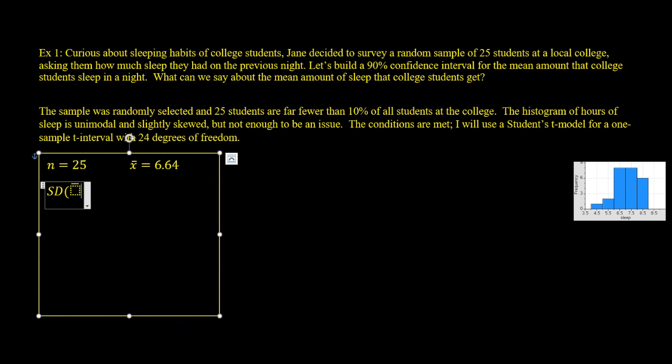So our standard error, we calculate from the formula, the standard error of x bar will be 1.075 divided by the square root of n, our sample size. So the square root of 25. And this comes out to be 0.215.